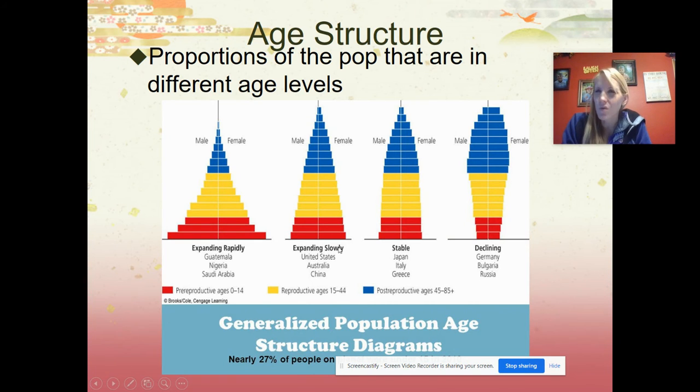This one is slowly growing because there's a little bit more children than there are reproductive age, but not a lot more. The population's still growing, but not a ton. This one's stable. They're about even. And then this one is declining because the number of children is less than the number in the reproductive age. So that means it's declining.